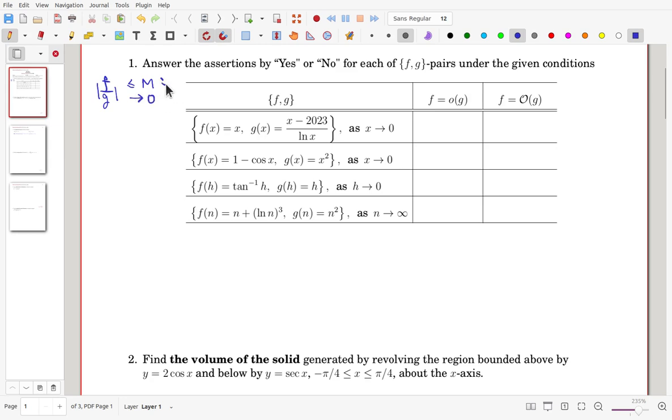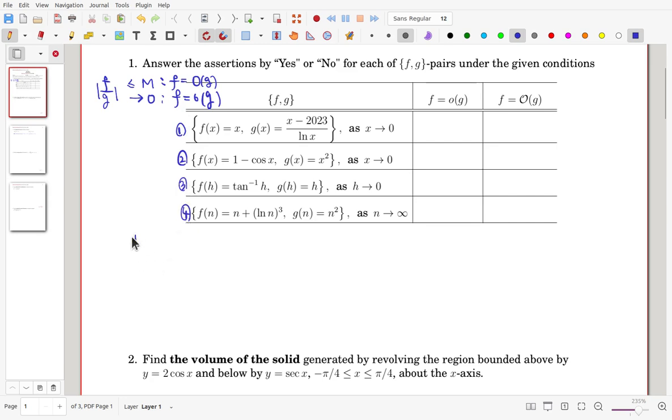In this case, we say that f is big O of g. And in this case, we say f is little o of g. That's the definition. Okay, for these function pairs, number 1, number 2, number 3, and number 4.